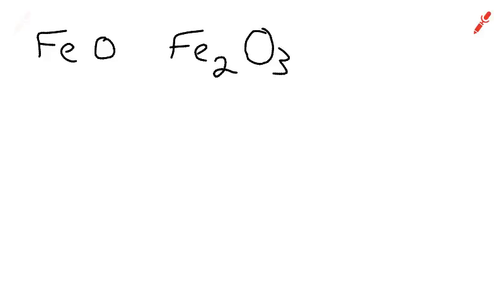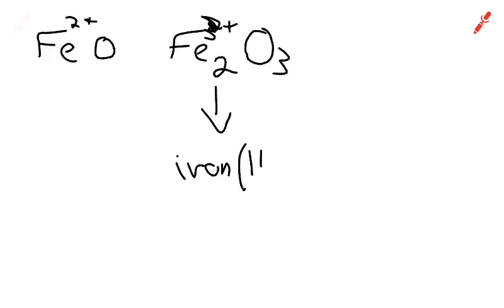How would you decipher which one it is? Because in this case, the charge is 2+, but in this case it's 3+. So the way we show the difference is that when we write out the name, we write iron, and then we write the charge in Roman numerals: iron 3 oxide.